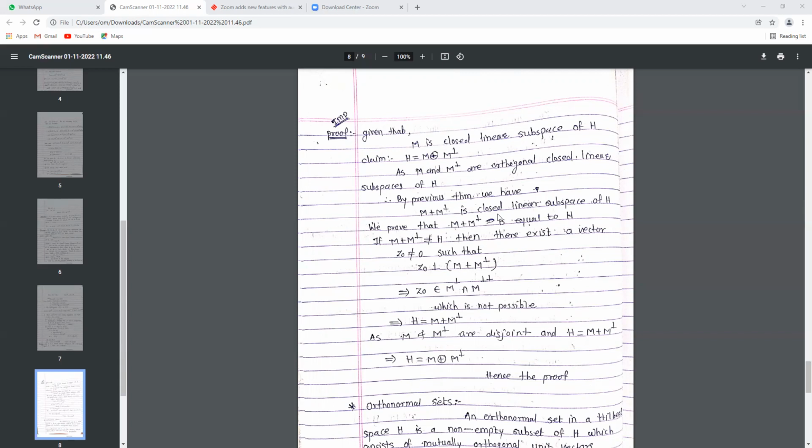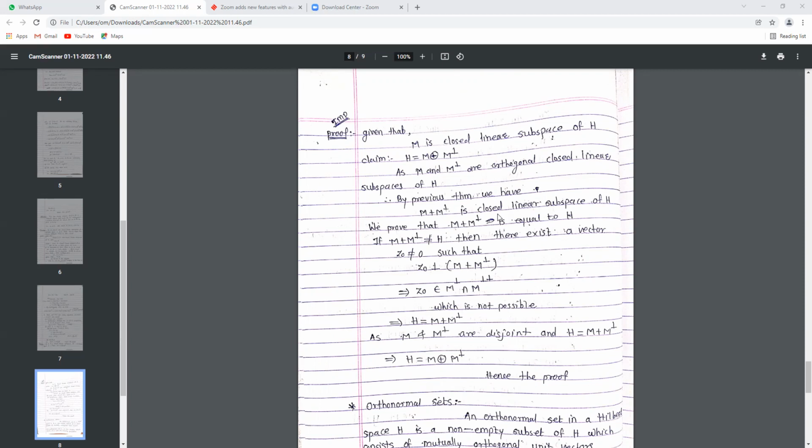Now see, we prove that M plus M perpendicular is equal to H. Here, we have to show this. We prove this theorem by contradiction. Suppose M plus M perpendicular is not equal to H, then there should be a non-zero vector Z0 that is perpendicular to that whole space, that is, Z0 is perpendicular to M plus M perpendicular.